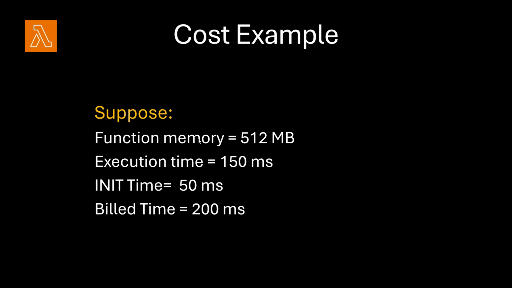But let's first calculate the cost for just the execution time. Later we will add init time to the execution time, and calculate the cost for the total build time, which is 200 milliseconds. Also, we are doing this calculation for 10 million invocations per month.